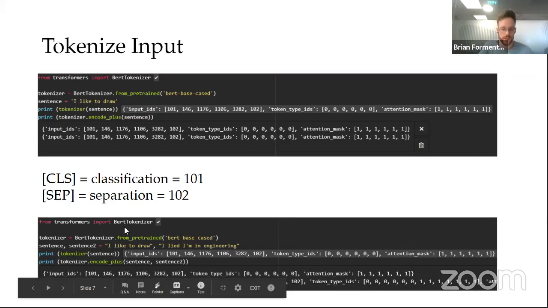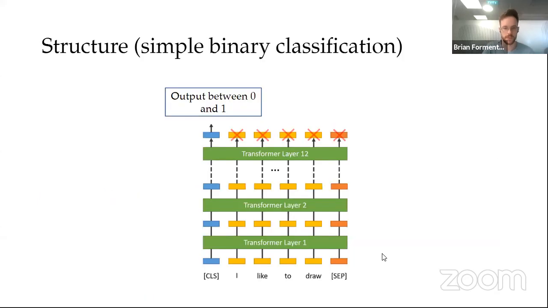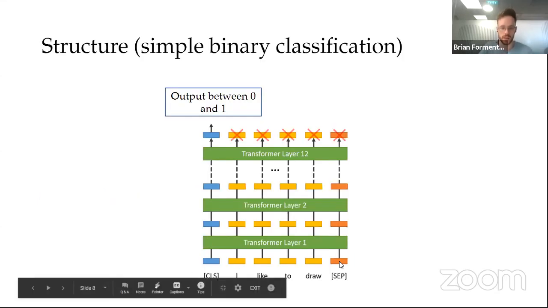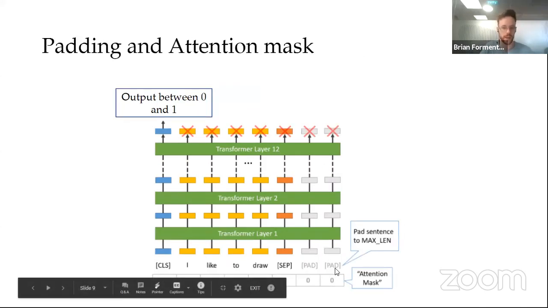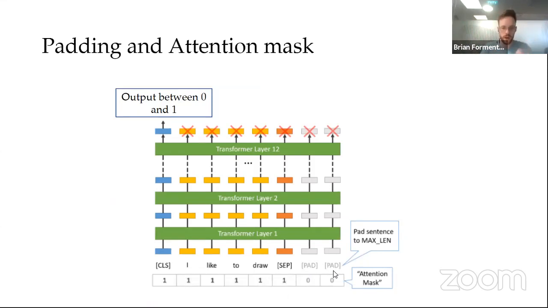So zeros represent the first sentence, and the second sentence is represented as ones. And then the attention mask is going to be all ones because there's no padding in this particular case. So just as a quick recap, you would pass this input through to get either a 0 or 1. And then you have padding at the end to make it the size of 512.